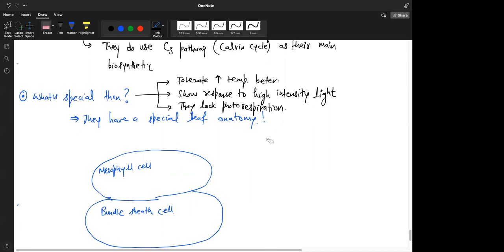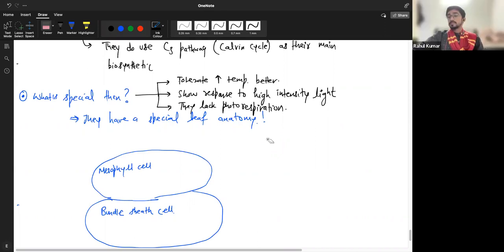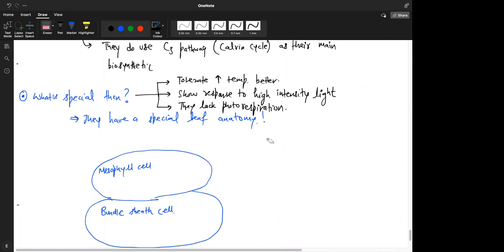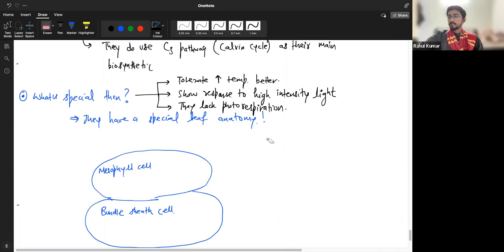So in that case, I'm not sure, but Rubisco starts capturing oxygen instead of carbon dioxide. For what?